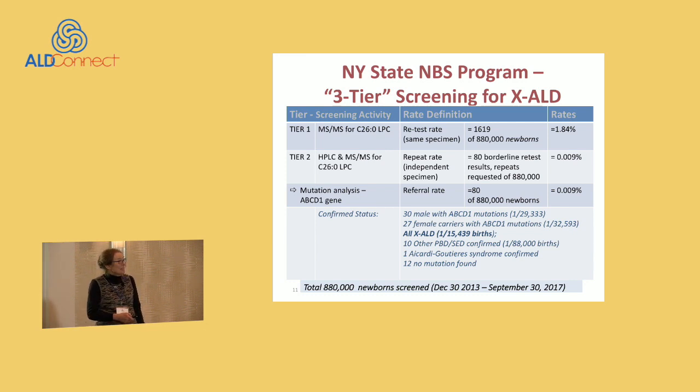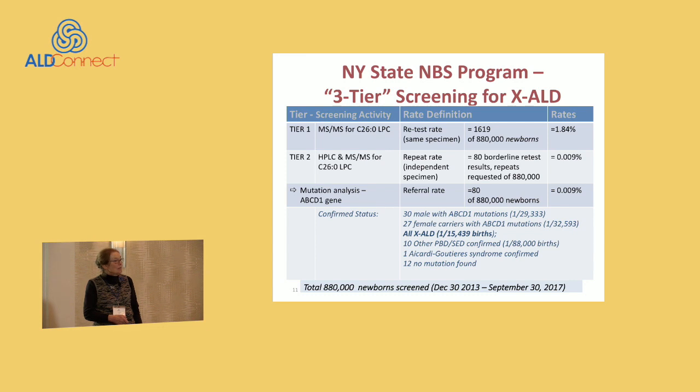And then they take those 80 and they do the third tier test, which is to sequence the ABCD1 gene, all using that initial blood spot that was taken from the babies at birth, or within 2 days after birth. So they reduced this to 80, which is a number which can be managed. Still a very high number here.